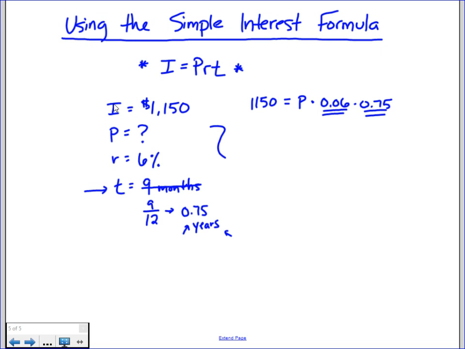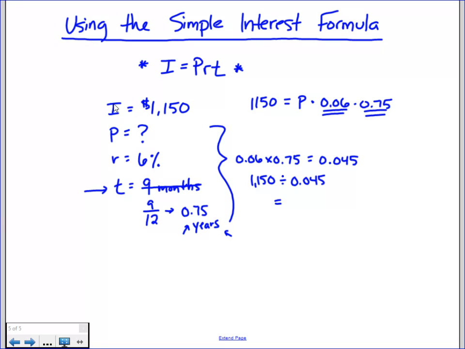So when I do my multiplication, and I do 0.06 times 0.75, that gets me, this is rounded, 0.045. So then I need to take my interest of 1,150, and I need to divide it by that number. And that's going to get me my final answer.